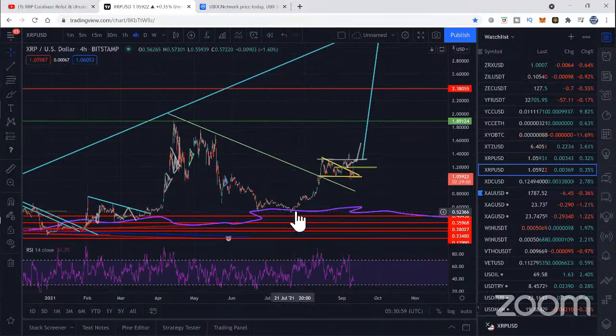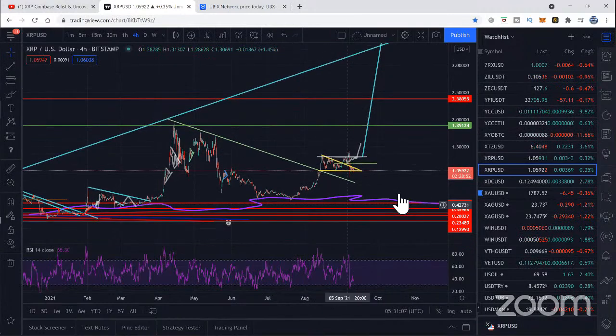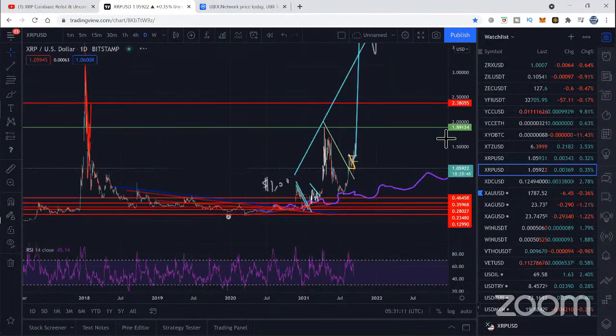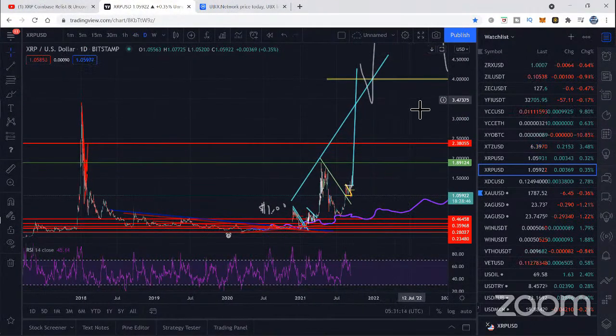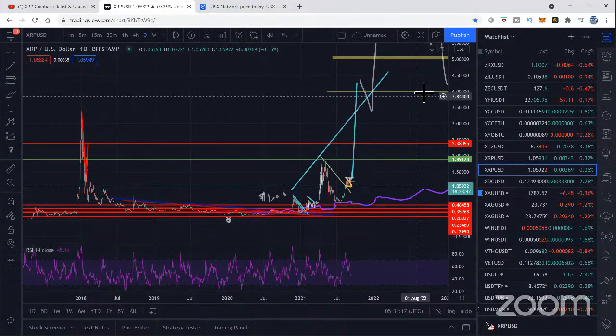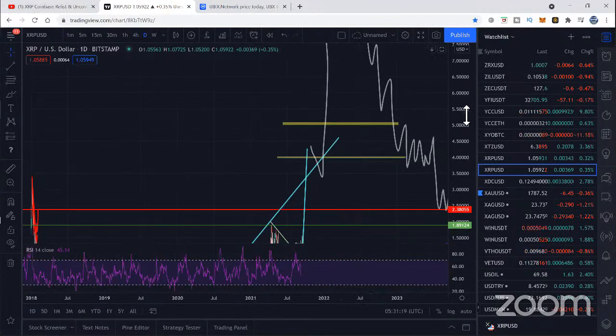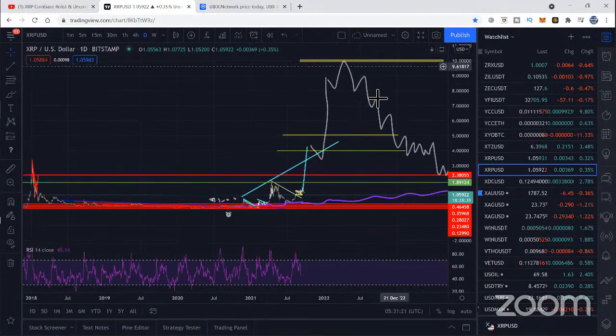If you didn't have a chance to cop some at 50 to 60 cents when it fell down here, then $1 is the best price that you are gonna get before we rally to a higher high and break the $3.30 mark, all the way to $4, all the way to $5, and ultimately to $10 easily is what's coming for XRP.